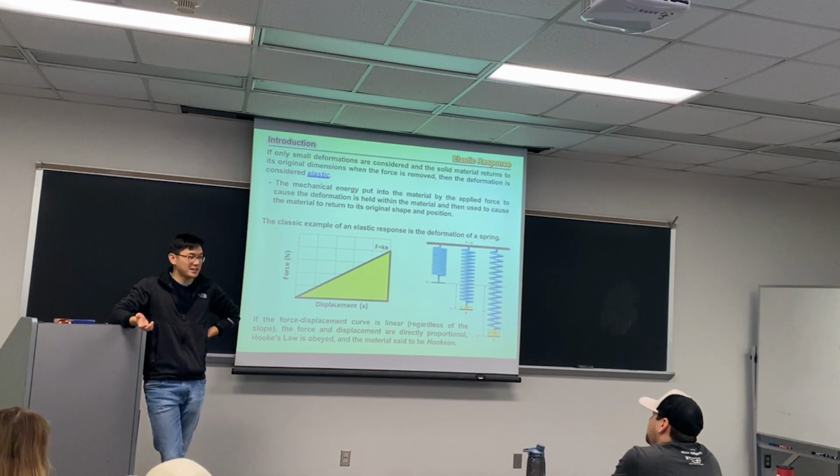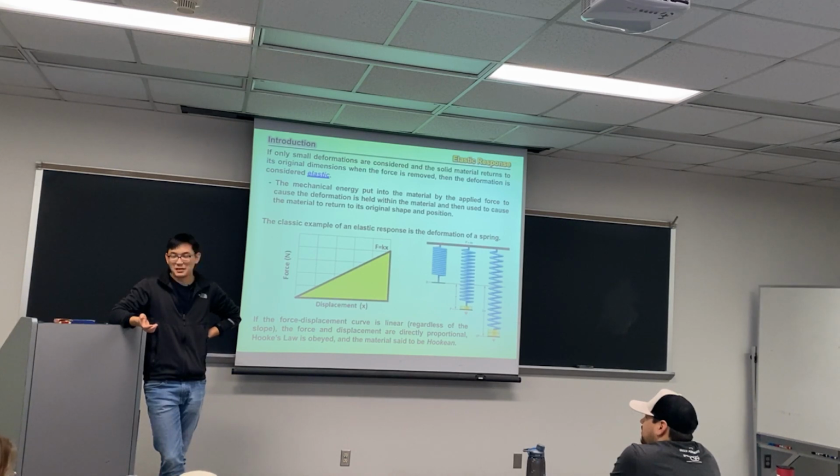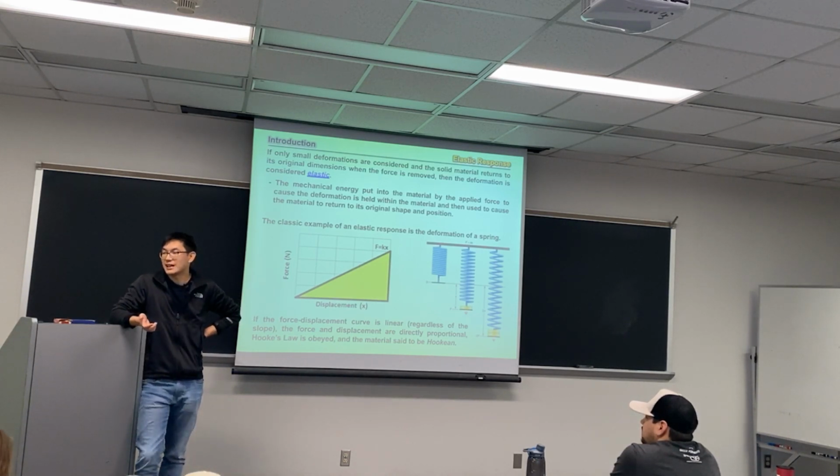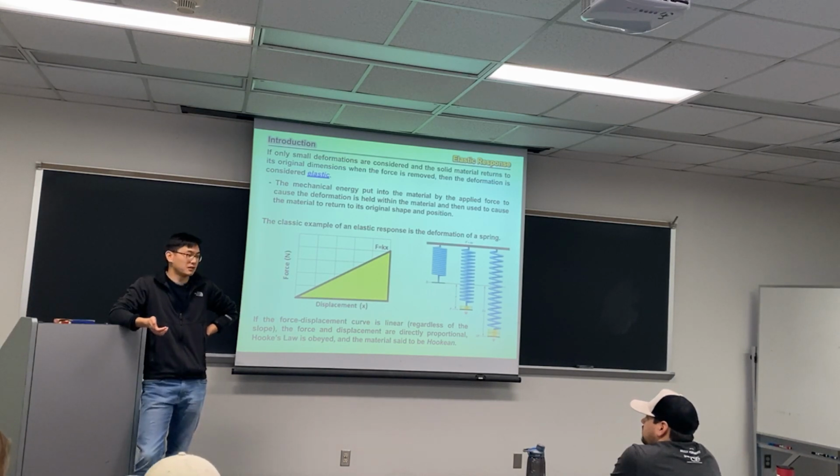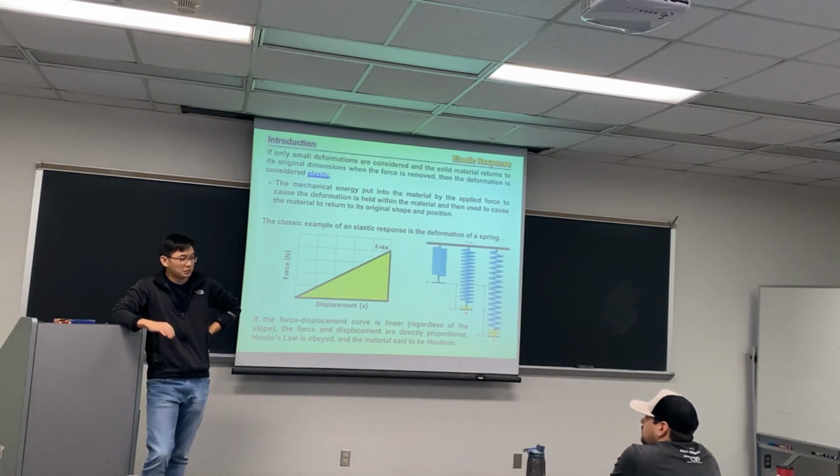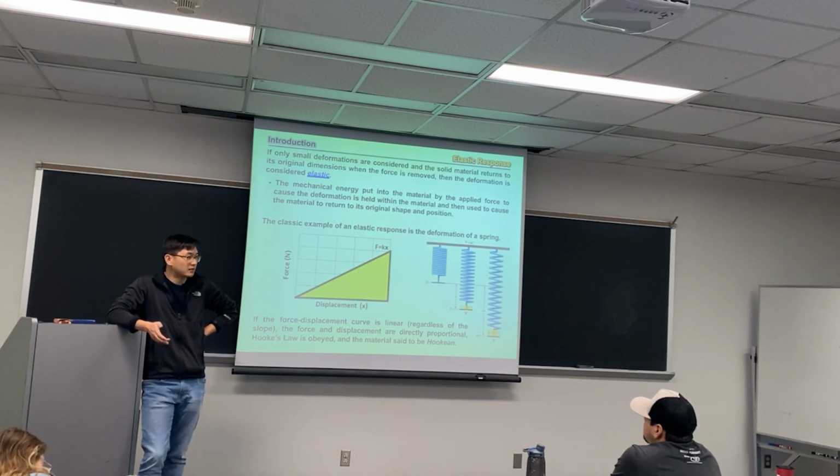I'll give you a few ranges to think about: kilopascal, megapascal, gigapascal? Gigapascal, which is very common for glassy material. I want you guys to have a little bit of a concept. So polystyrene is about 3 to 4 gigapascal modulus.